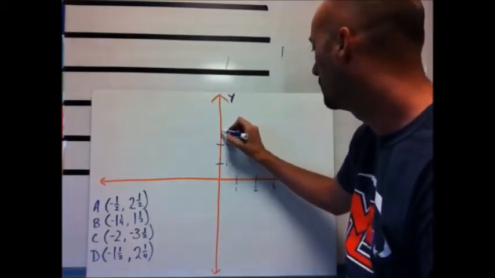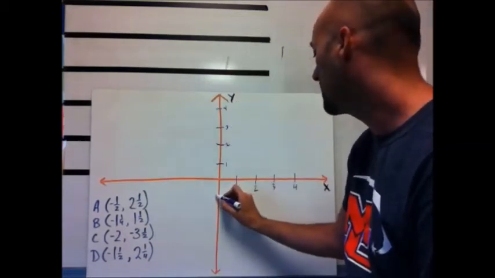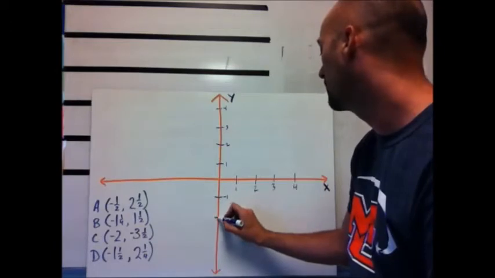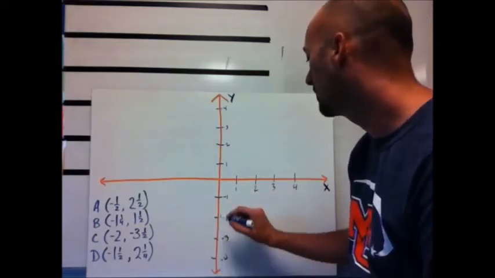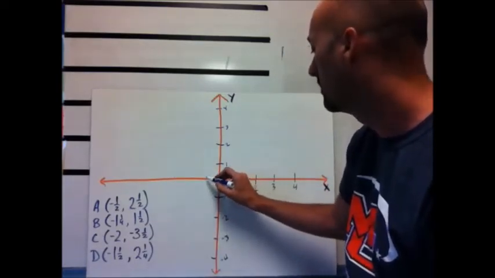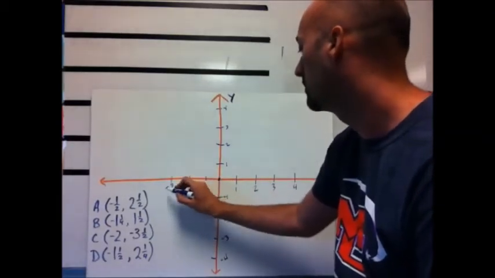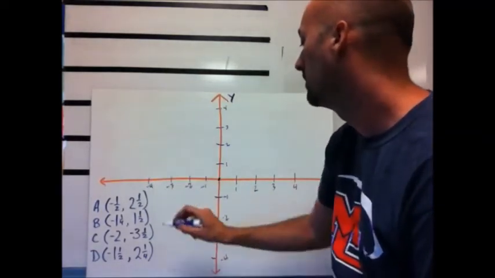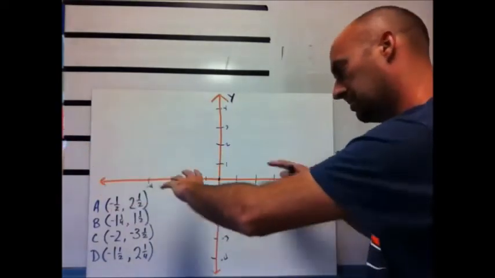When I go down, that's negative: -1, -2, -3, -4. When I go left from the origin, remember this is 0 right here, so this is -1, -2, -3, and -4. These go on forever. We're just going to stop right here for now.